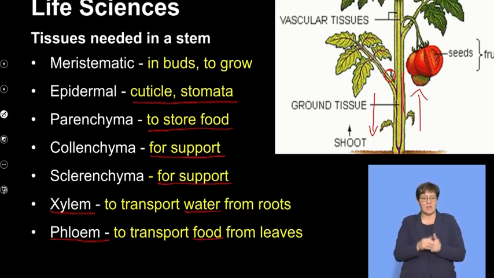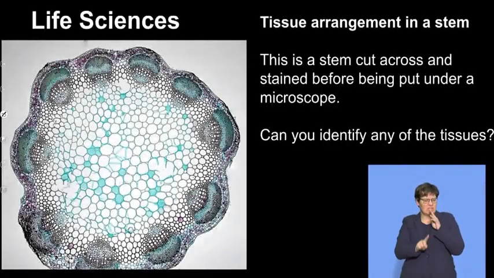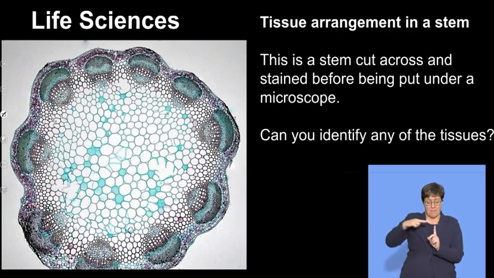The next question is, where in a stem will we actually find all these tissues? This is a cross section through a stem. In other words, we've taken a stem and we've cut it across. And if you look at it, it's very, very confusing to start.